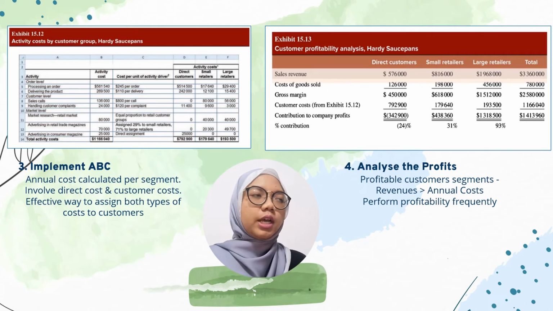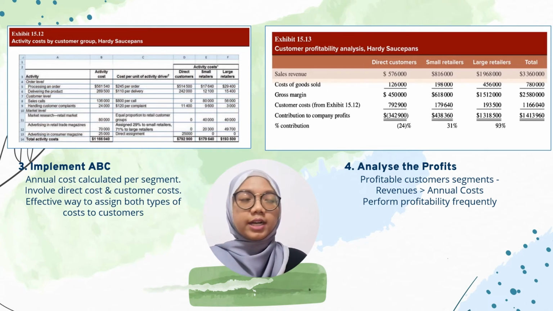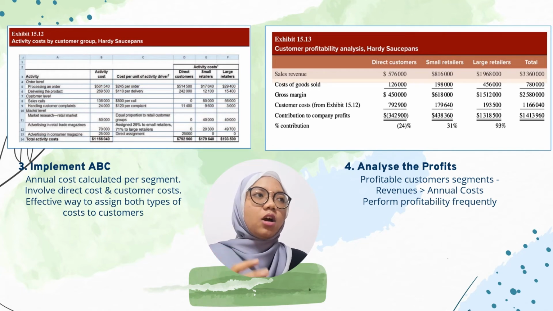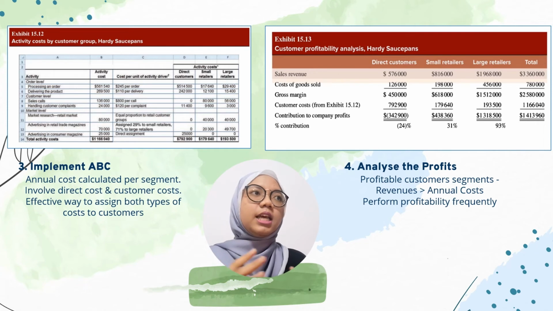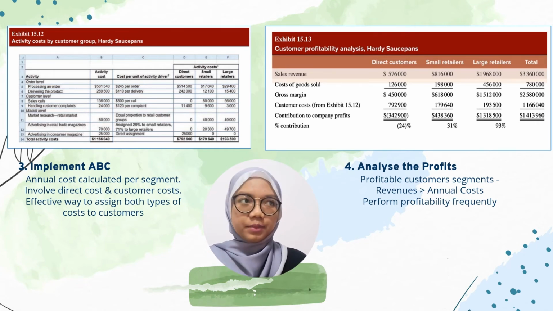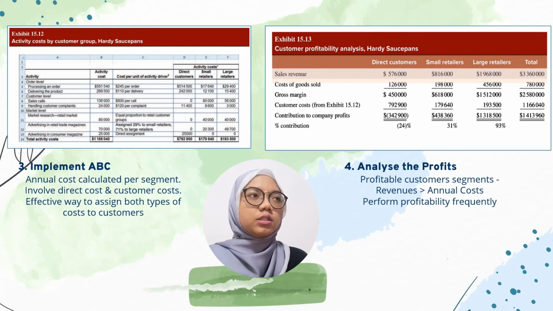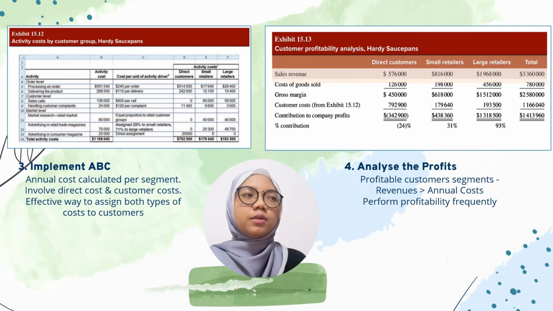As for the right side, we can see that the total activity cost has been allocated accordingly to the three customer segments. So in the end, we can obtain the total cost attributed to each of the customer segments.